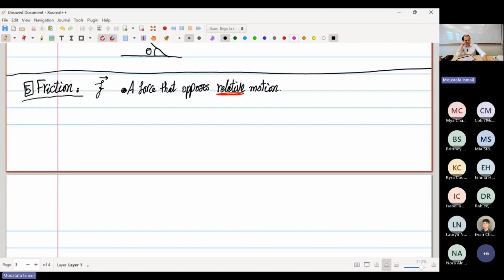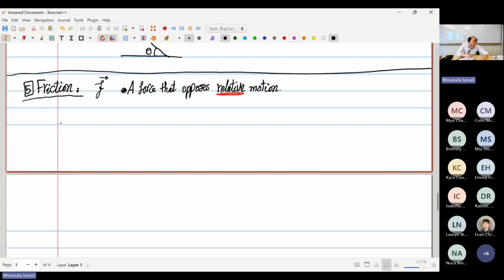For example, if you have two objects on top of one another, and these two objects are moving together, then the relative motion is zero. One object is not moving relative to the other. Both are moving relative to the underneath surface, which is like a table or the ground, but they're not moving with respect to one another. So this will come up in examples where we have to figure out what is the direction of relative motion to figure out what the direction of friction is.